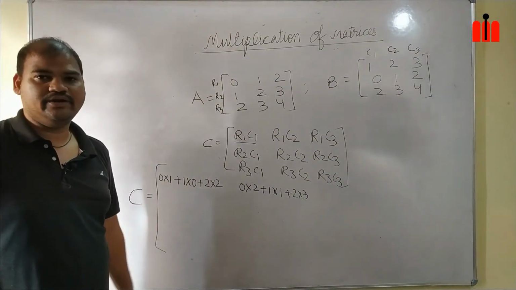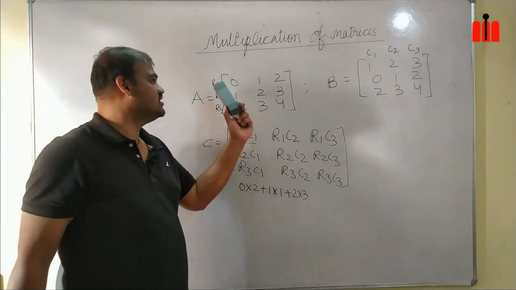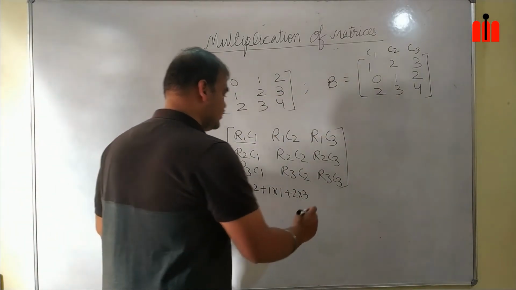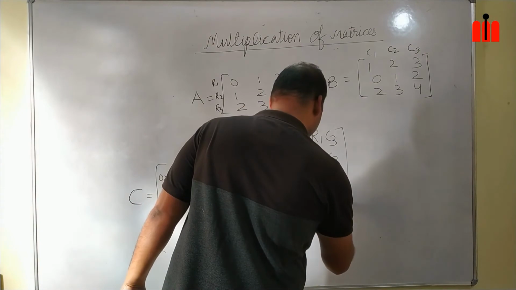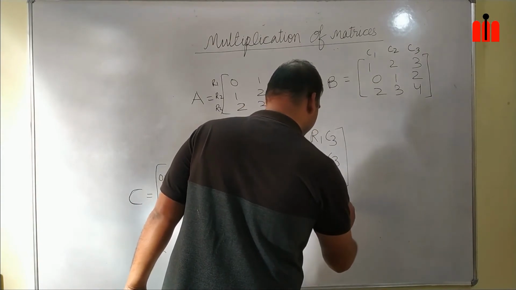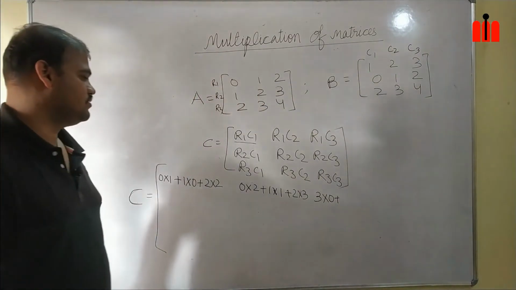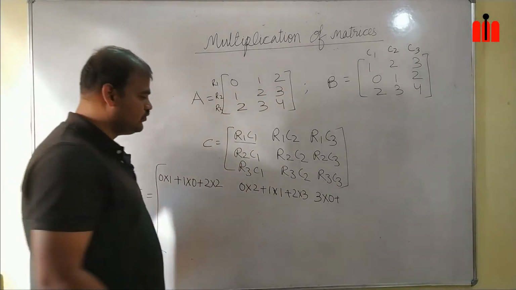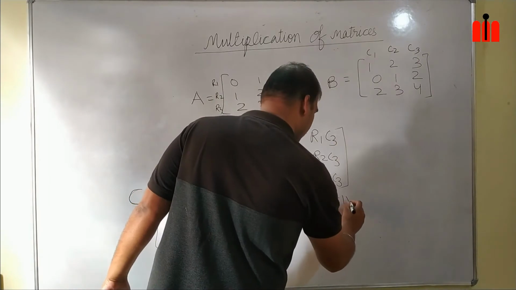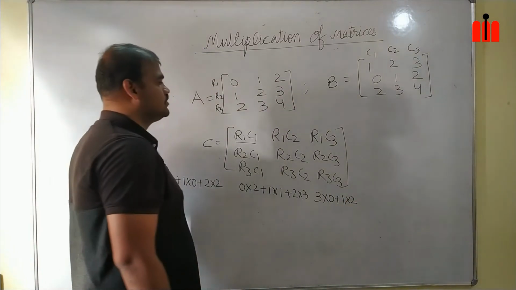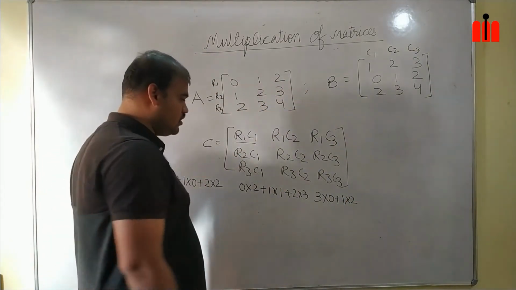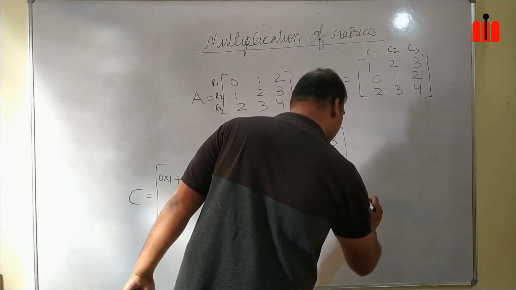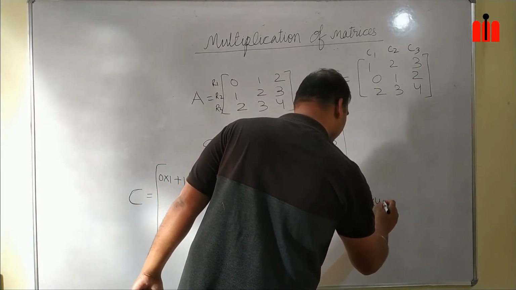These all added together. Now R1 C3, this R1 and that is C3. It is 0 into 3 plus 1 into 2 plus 2 into 4.